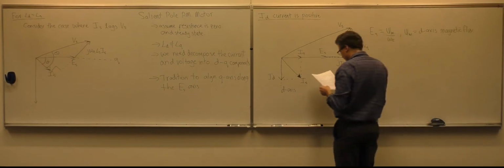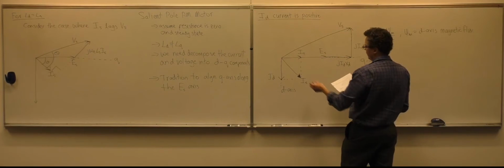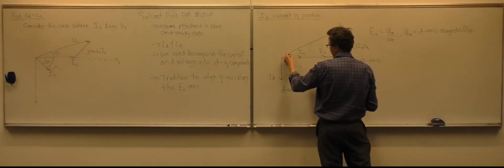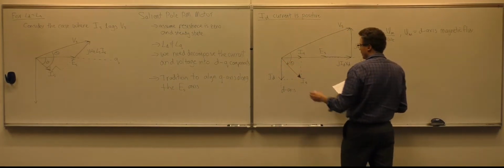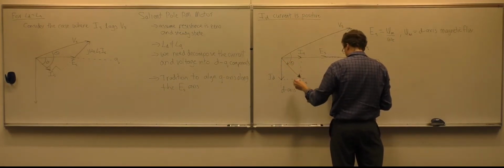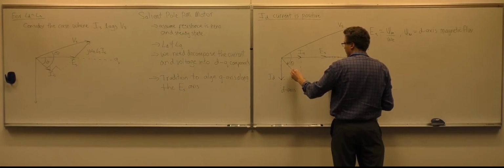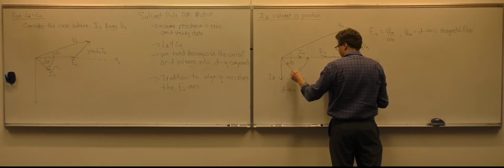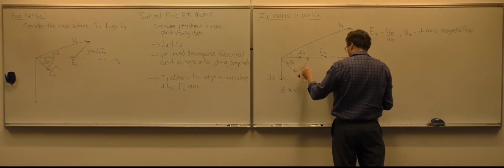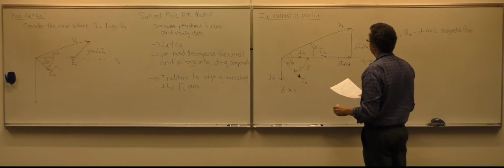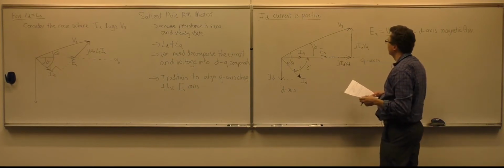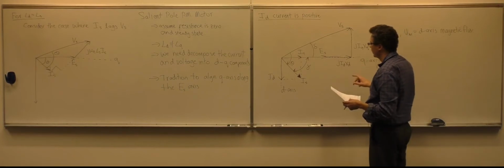So then the angle between the voltage and the current is the power factor angle theta, and then we can define the angle between the q-axis and IS, which will give us gamma, and then we can also define a delta, which we're not going to use, between Vs and the q-axis.